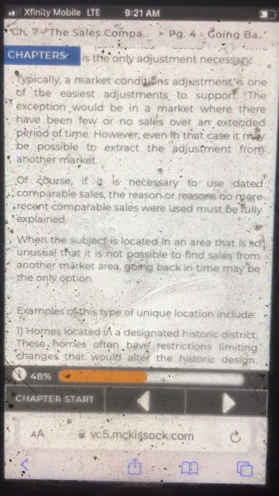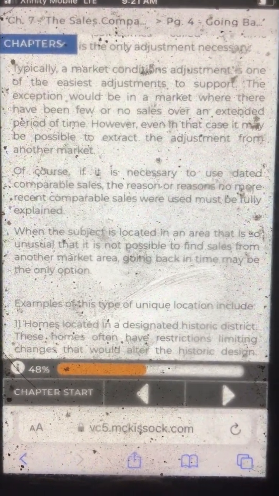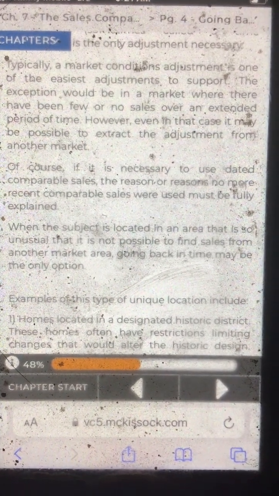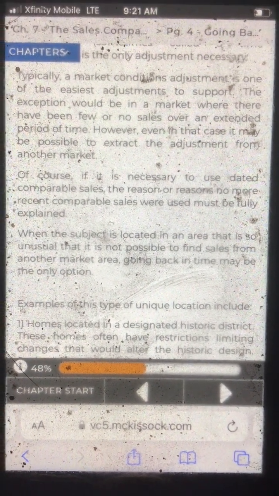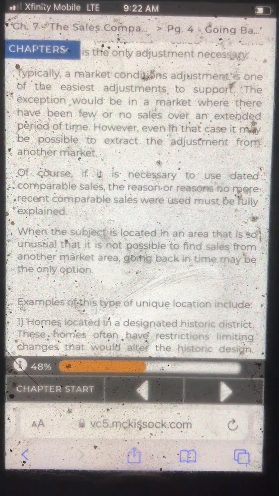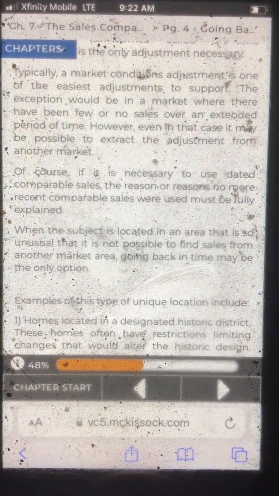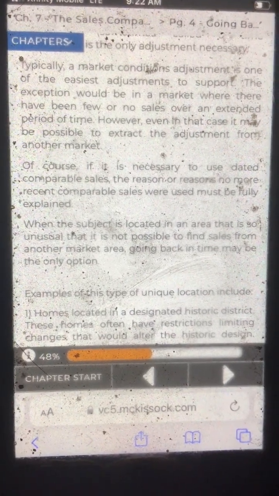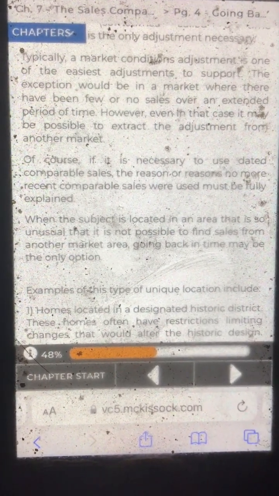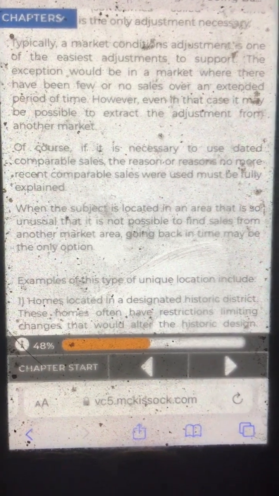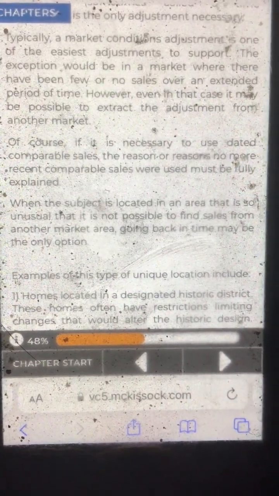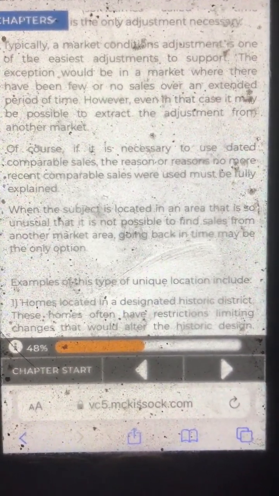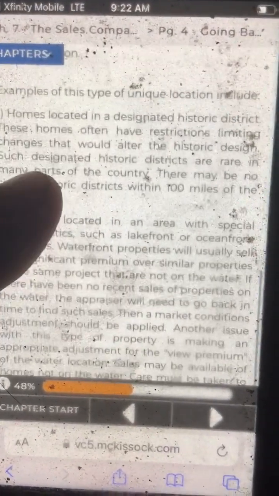Of course, it is necessary to use dated comparable sales. The reason or reasons no more recent comparable sales were used must be fully explained. When the subject is located in an area that is so unusual that it is not possible to find sales from another market area, going back in time may be the only option.